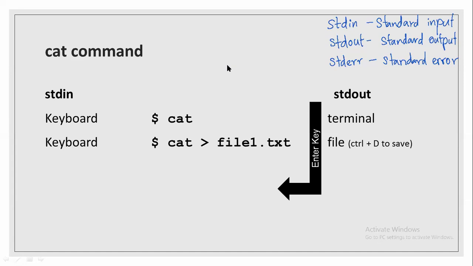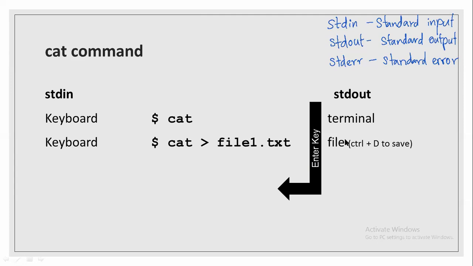So one more thing. Yes, there's a question. When using the cat command, if you give any name for the file, does it automatically create one? Yes, it will create it, but if you don't exit using Control D, it's not going to save it.